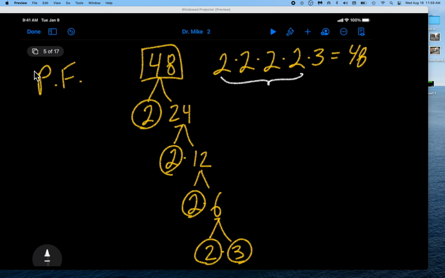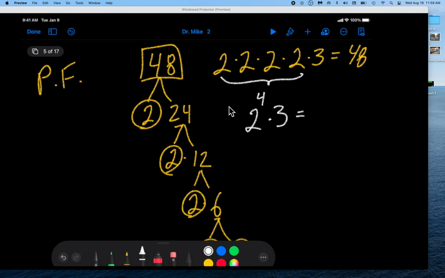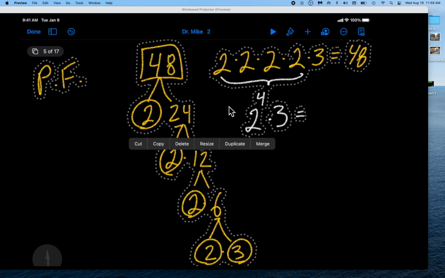We could say 2 multiplied by itself 4 times the number 3. Either of these would be acceptable as the prime factorization of 48. This is how I'd like you to do it, folks. This is a little bit more advanced. 2 to the 4th power. We haven't spoken much about exponents yet. We'll get there shortly.